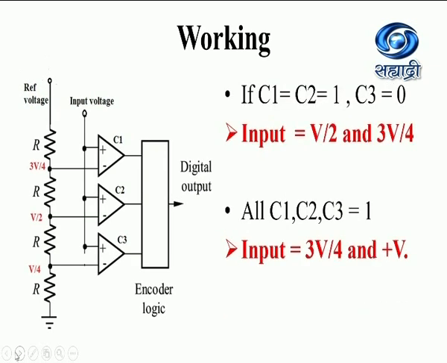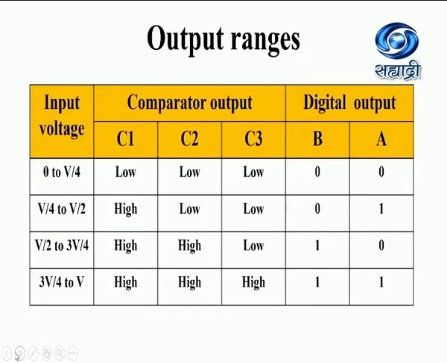Third condition: if C1 and C2 are at high, that is 1, and C3 is 0 volt, then the input must be between V by 2 and 3V by 4. It's due to the potential divider arrangement that we get these ranges. And if C1, C2, C3 are all high, then the input voltage must be between 3V by 4 and plus V. So this is the truth table for the output ranges of simultaneous ADC.